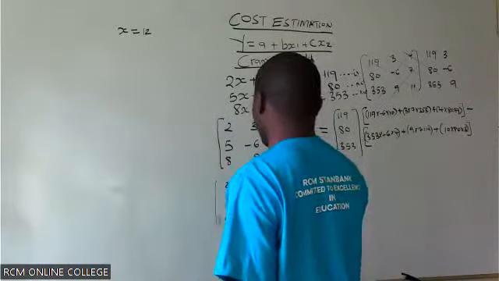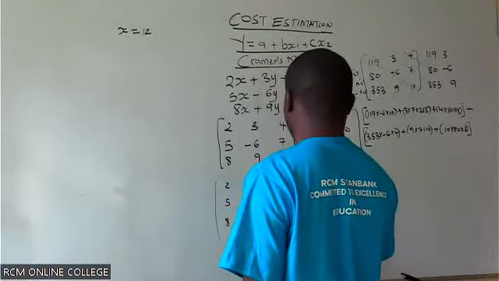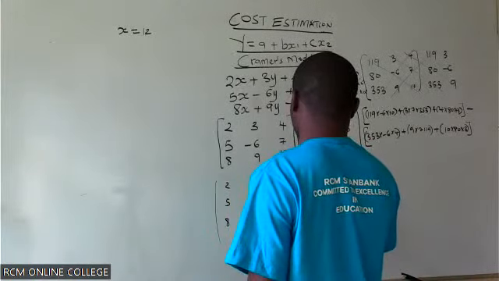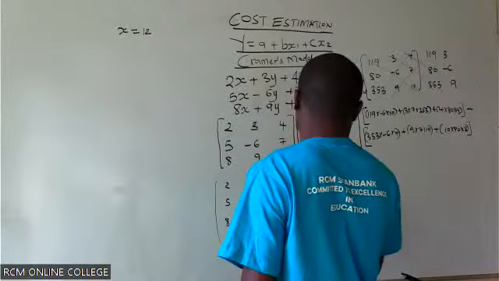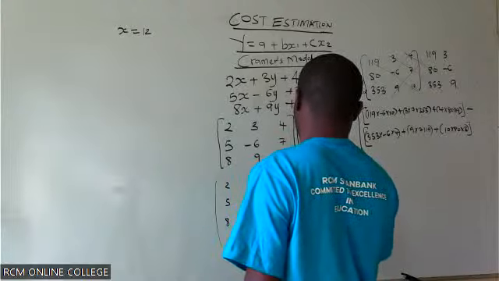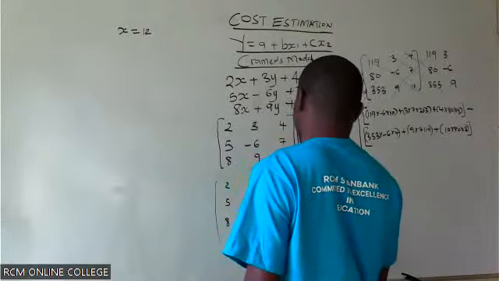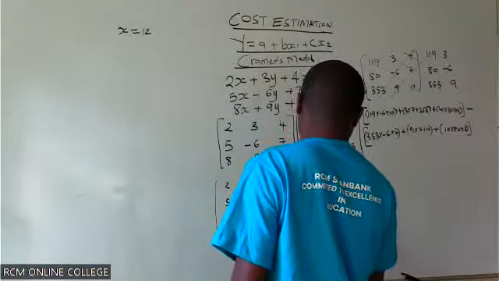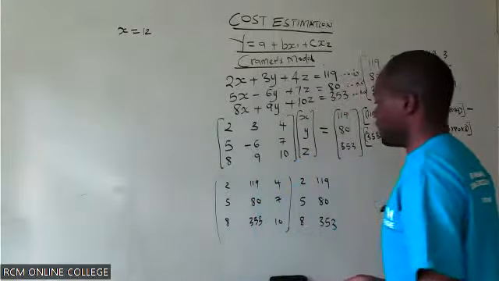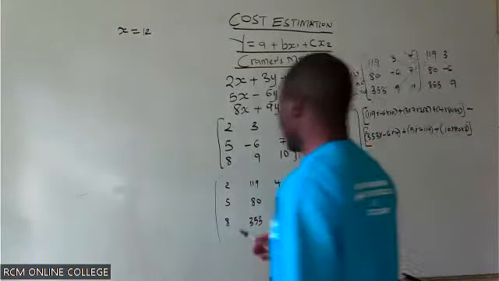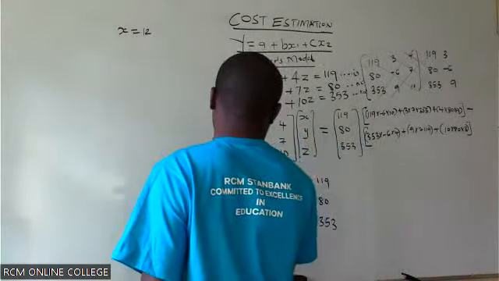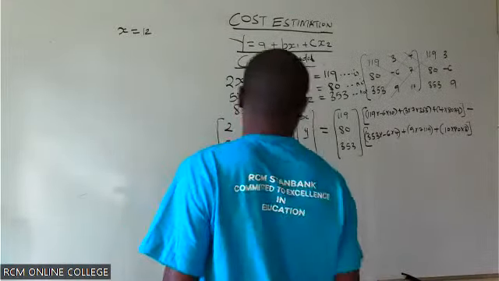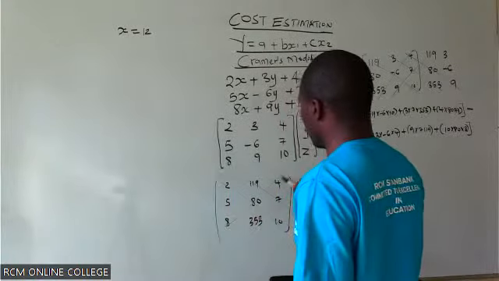I have the 3, but within this, I'll take the first 2 and bring it outside. So I'm going to have 2, 19, 5, 80, 8, 353. Then I take them in 3 because this is a square matrix of 3 by 3. So I'll have this, this, this one. Then it goes this way.